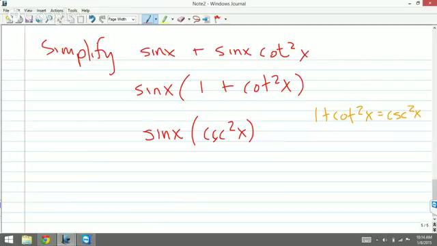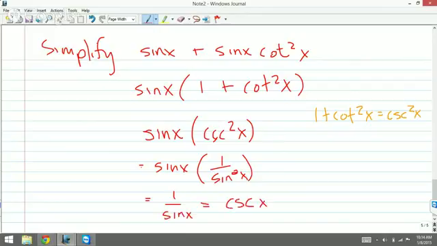Good? Okay. Cosecant, what is that? Yep. In our case, it's 1 over sine squared because it's cosecant squared, right? And now what's my answer? Well, 1 over sine x, which is cosecant x.